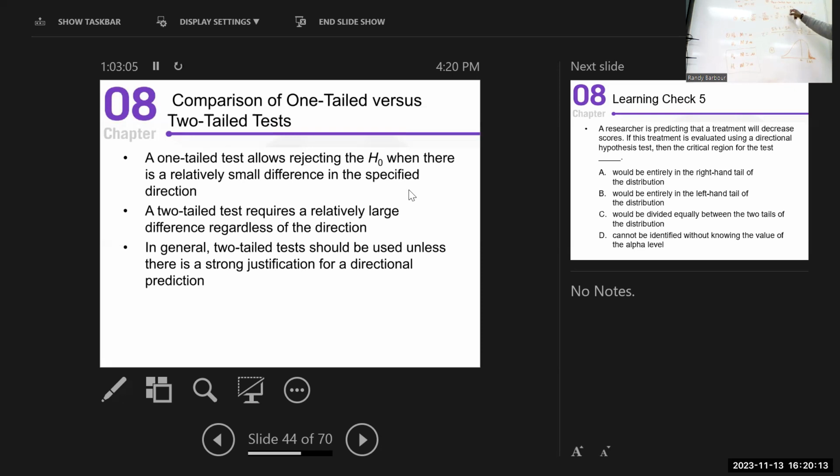It's greater than 1.96. If it's in that region, you reject the null hypothesis. If it's in this open middle space right here, you fail to reject the null, because it's not in the group. You just gotta get the semantics down.